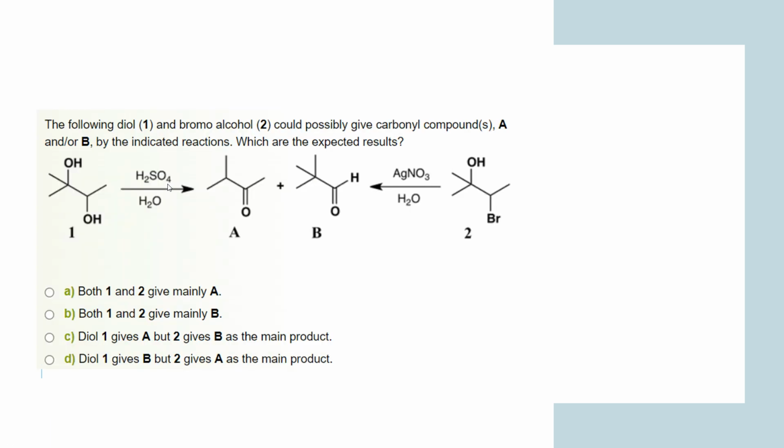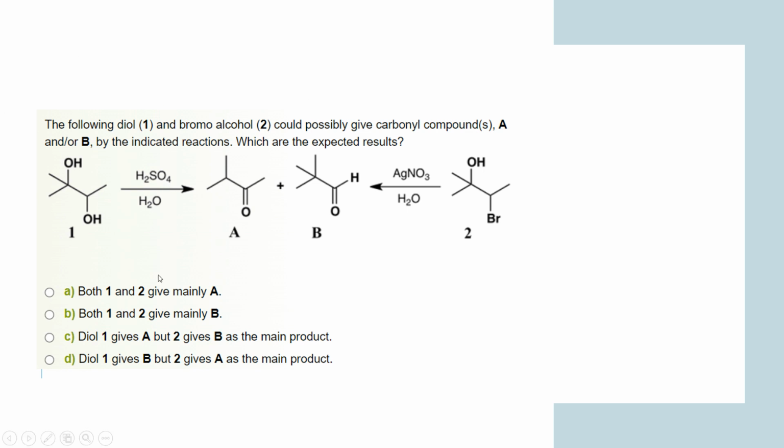So let us move to the next question now. The following diol 1 and bromo alcohol 2 could possibly give carbonyl compounds A and or B by the indicated reaction. Which are the expected results? So here you are given two reactions.